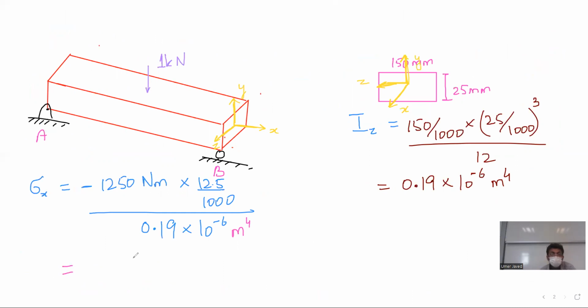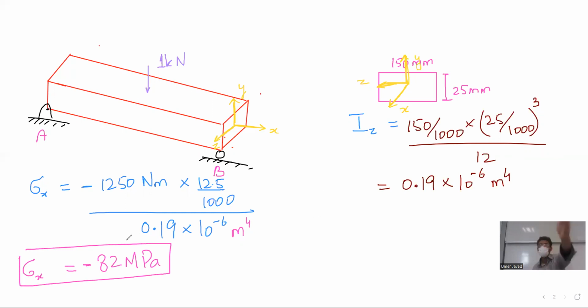Okay, what is the value? Stress x. 82 megapascals. Okay, it is 82 megapascals, minus. Okay. I have a very critical question for the class. Hang on.